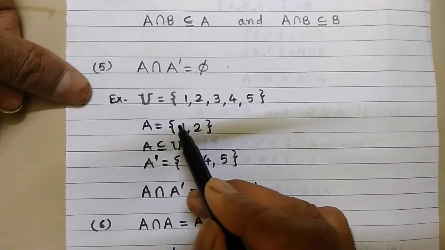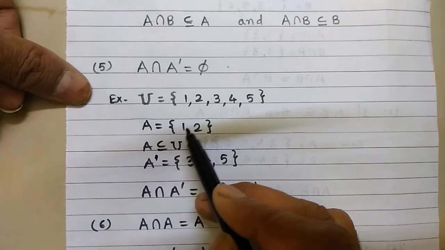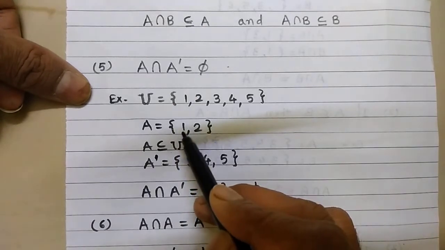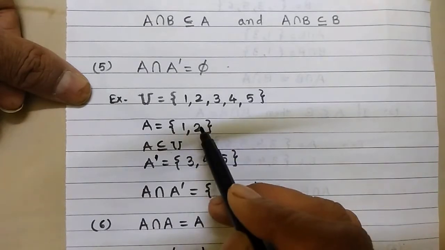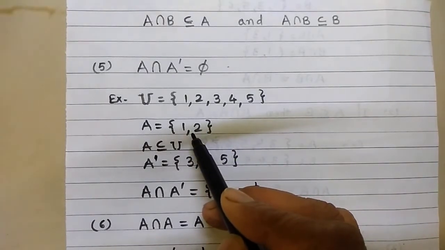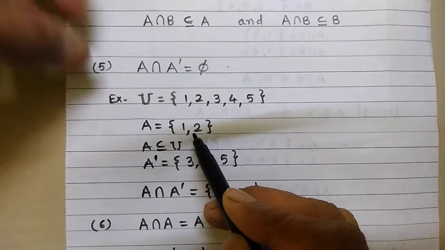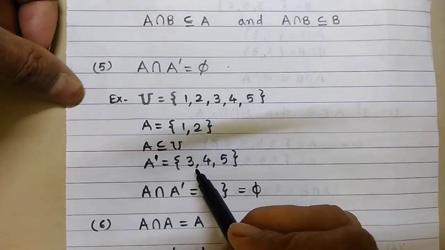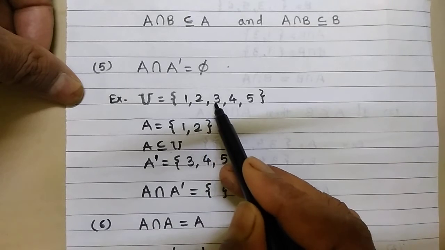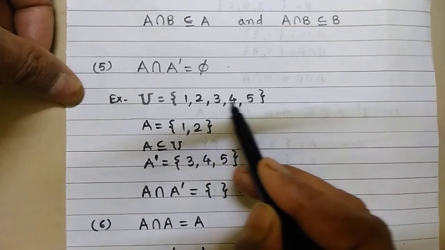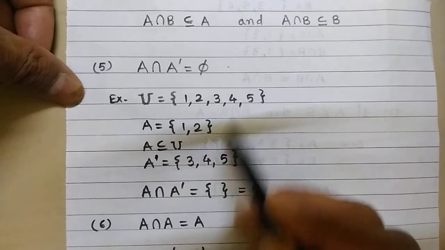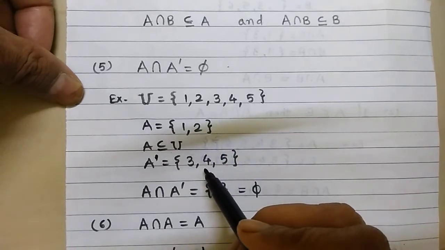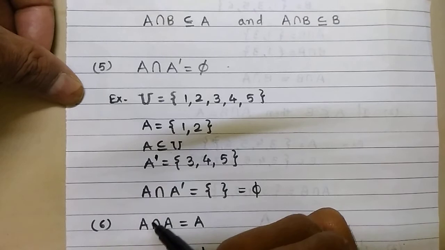Collect the elements which are not in A but they are in U. Those elements are not present in A but they are present in U. Collect those elements and that is called complement of set A. Now 3, 4, 5, these elements are not present in A. Now collect them together and write down in this set, and this is A dash.